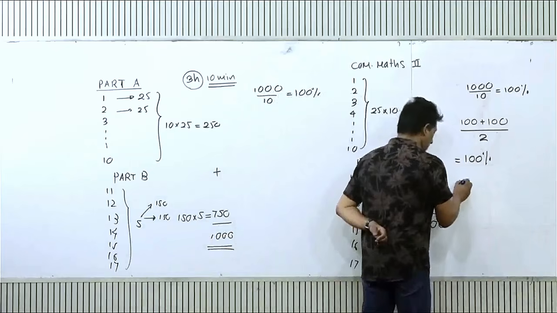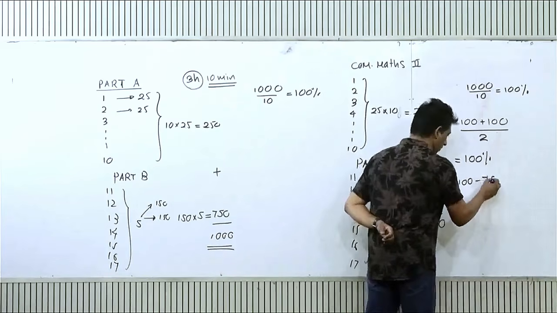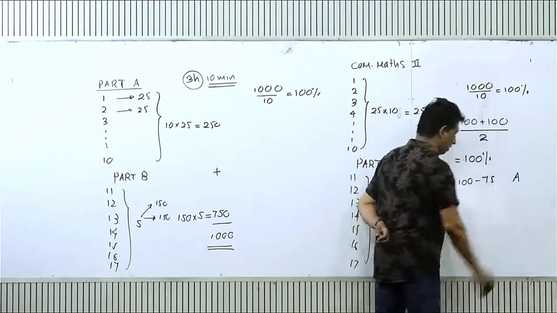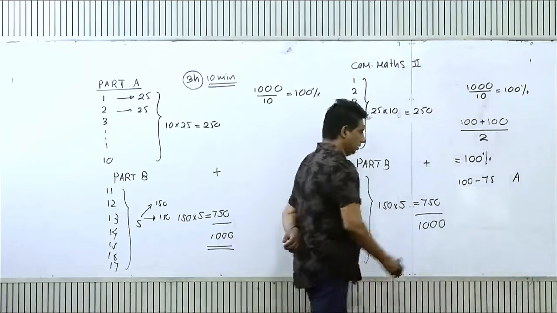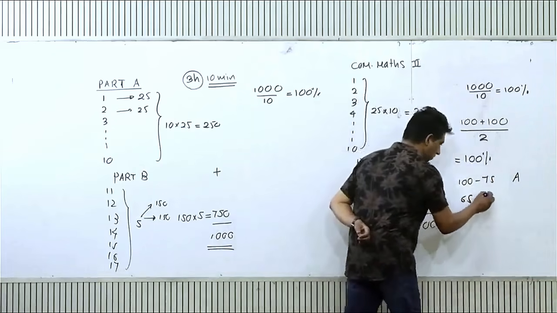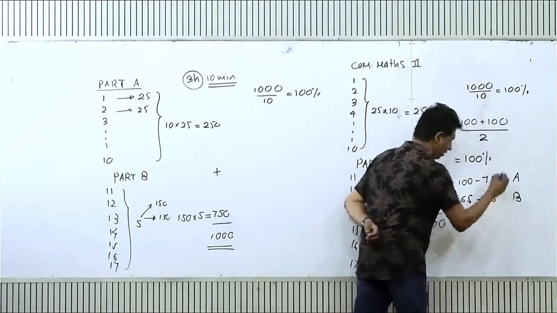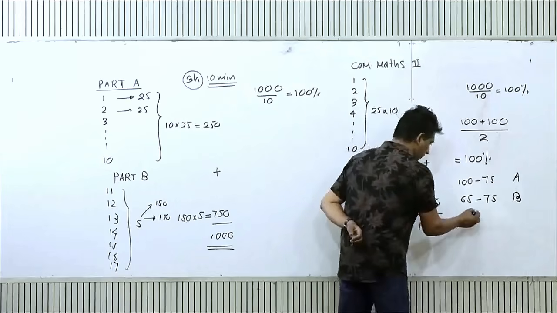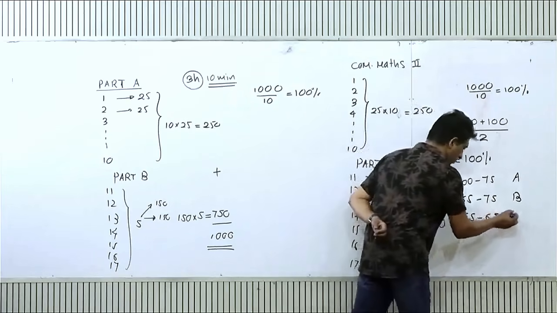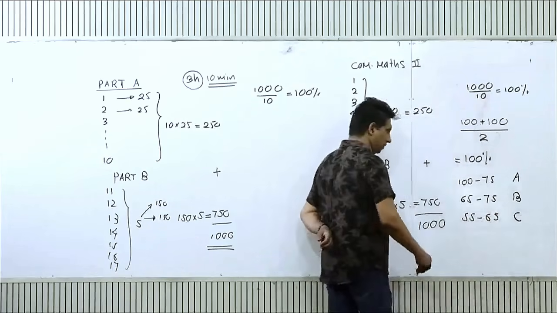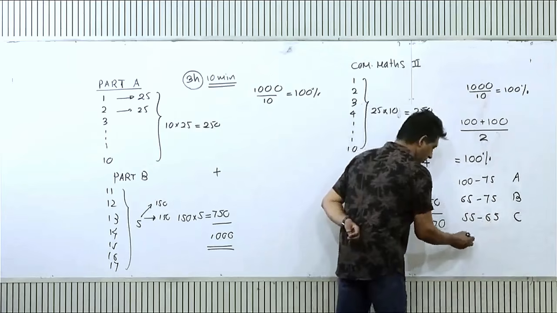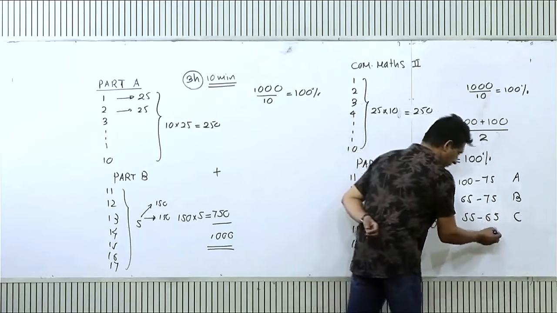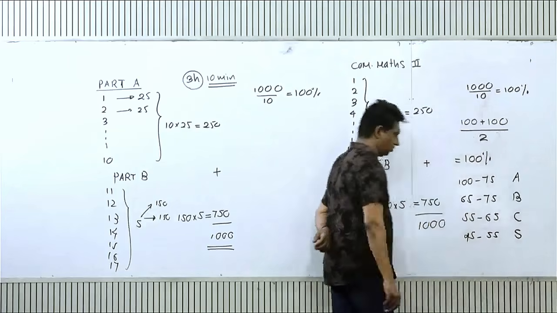If any student gets 100 to 75 marks, they give an A pass. Then 65 to 75 marks, they give a B pass. 55 to 65 marks, they give a C pass. And normally 45 to 55, they give an S pass.